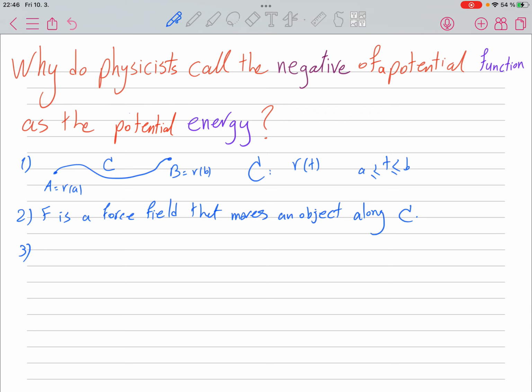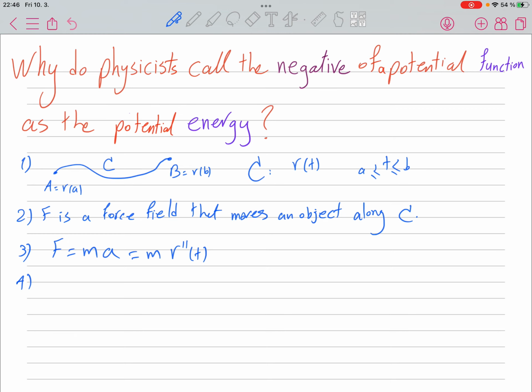Now, according to Newton's second law, we have F is equal to the mass of the object times acceleration, right? And in our case, acceleration is going to be R double prime of t.